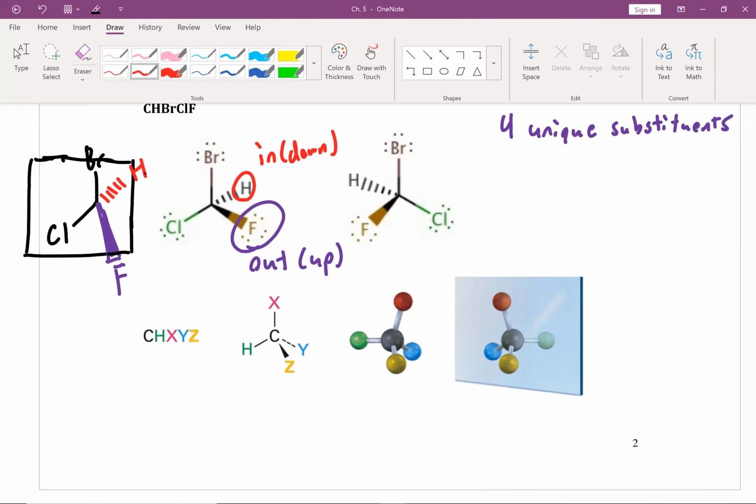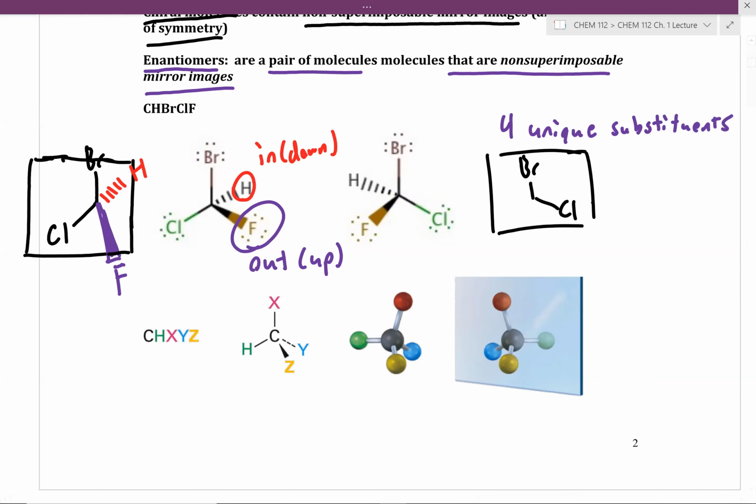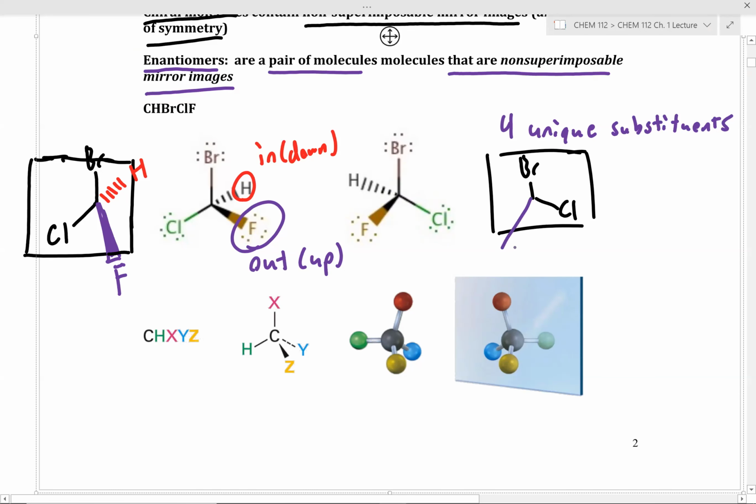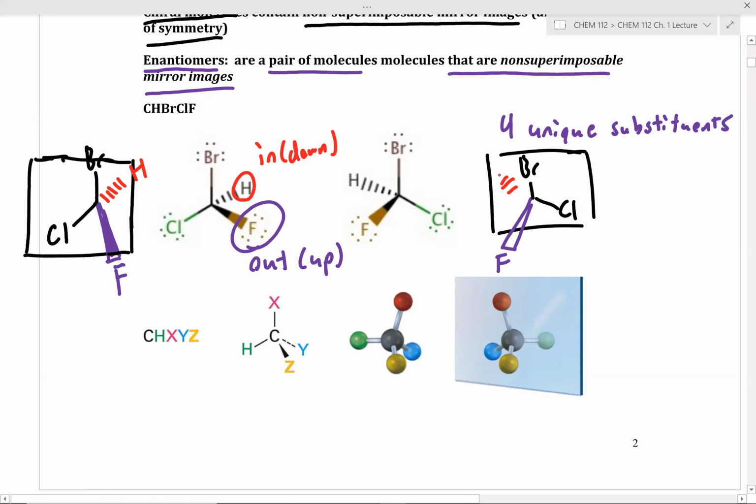Let's try to visualize this second structure and let's see what's going on there. So we have our bromine and we have our chlorine that are in the plane of the page. Perfect. We now have our fluorine, which is pointing out of the plane of the page, and our hydrogen, which has the dash notation, is pointing into the plane of the page.